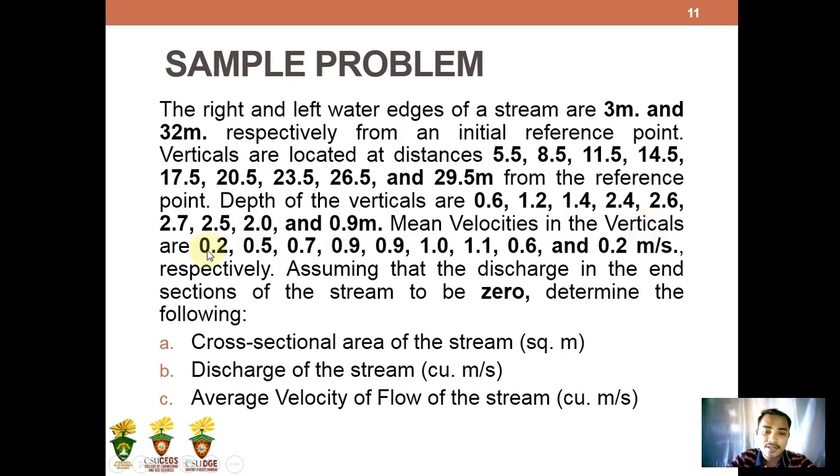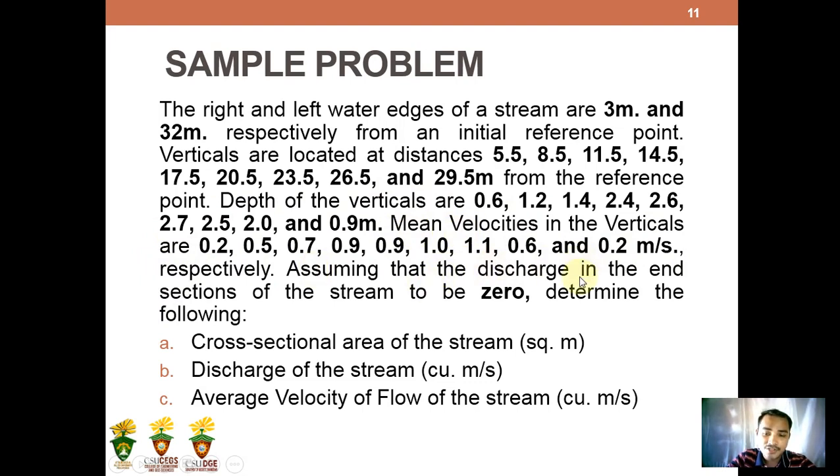So these are 0.2, 0.5, 0.7, 0.9, 0.9, 1.0, 1.1, 0.6, and 0.2 meters per second respectively. So each depth of the verticals has its specific mean velocity.